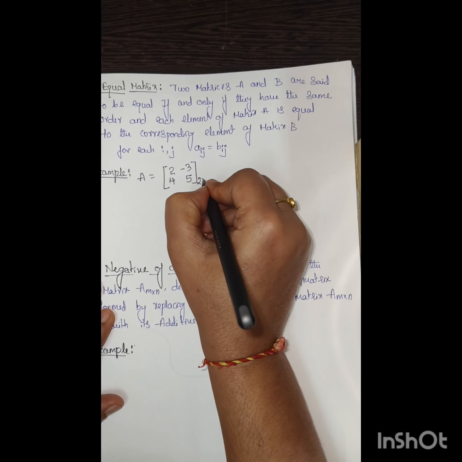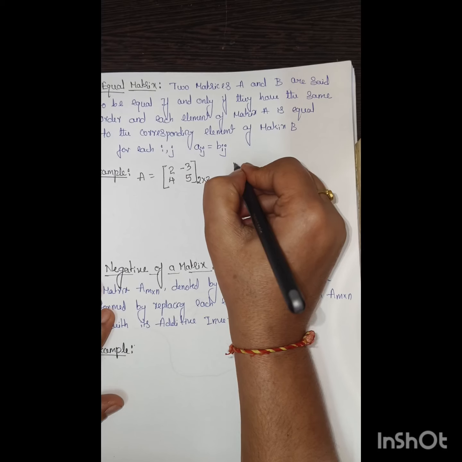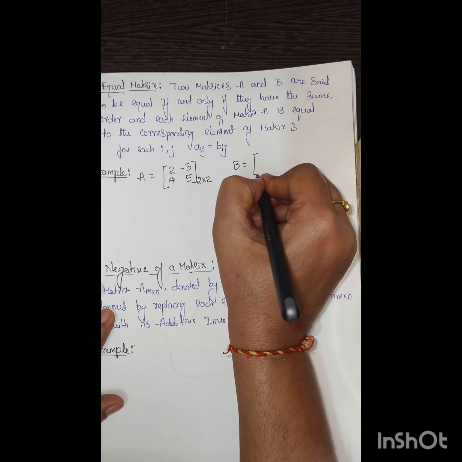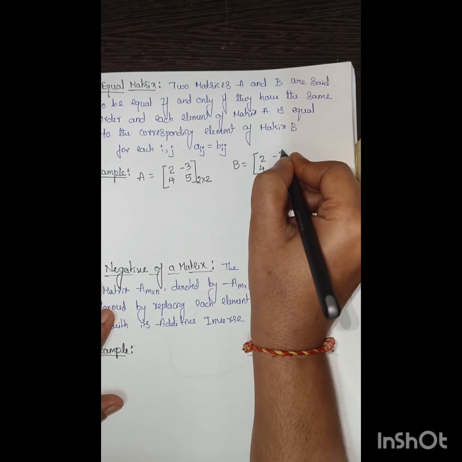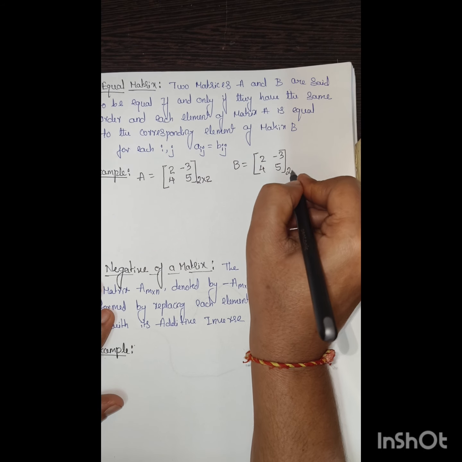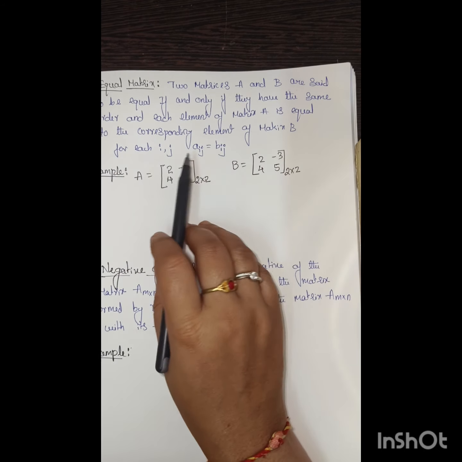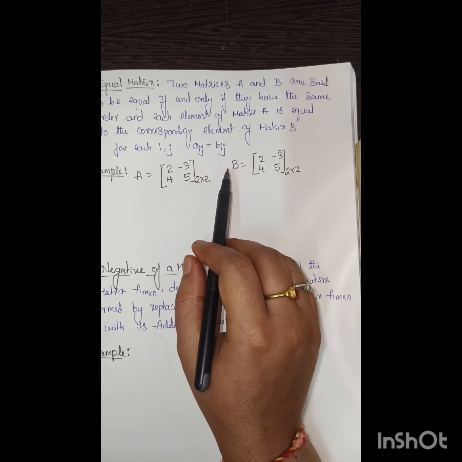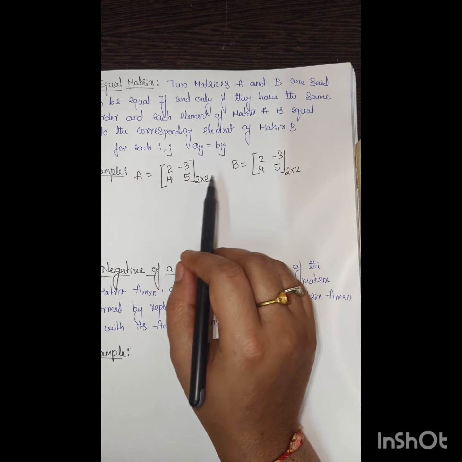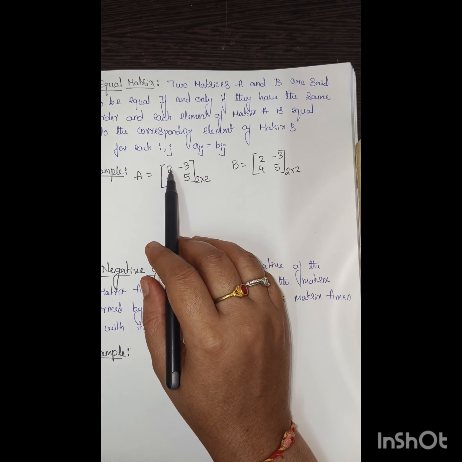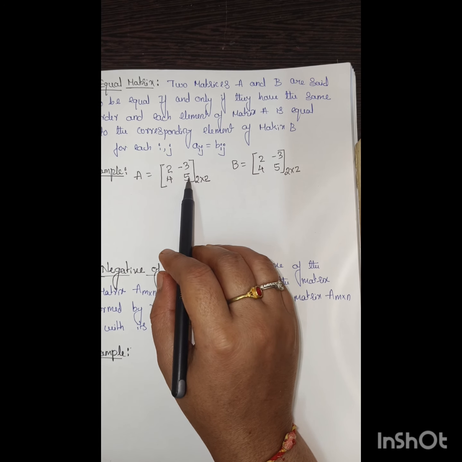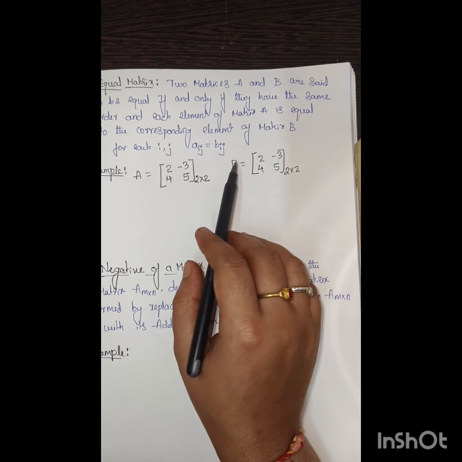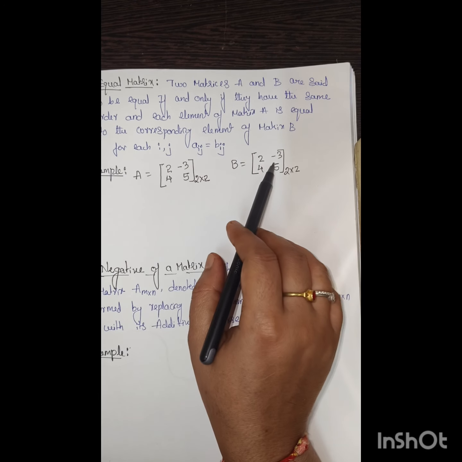It is a 2 by 2, order is 2 by 2. And B also 2, minus 3, 4 and 5. It is also 2 by 2. Then we can call A and B the equal matrix. Here the first row is 2 and minus 3 and the second row is 4 and 5. The same. Each element should be the same and the order should be the same. Then it is called an equal matrix.